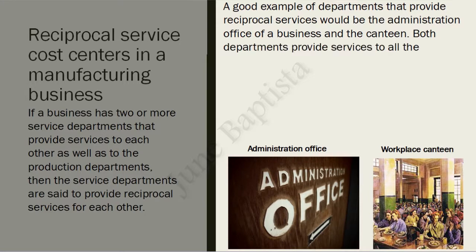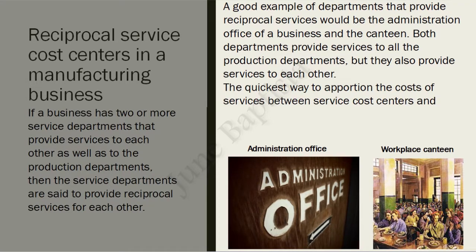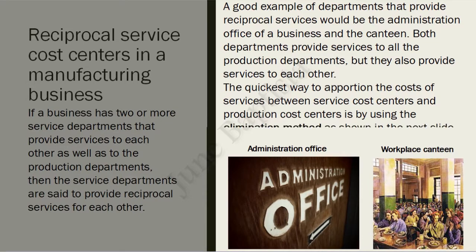Both these departments provide services to all the production departments, but they also provide services to each other. The quickest way to apportion the costs of the services between service cost centers and production cost centers is by using the elimination method as shown in the next slide.